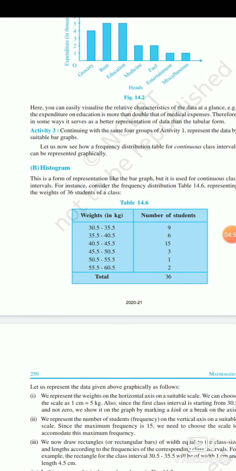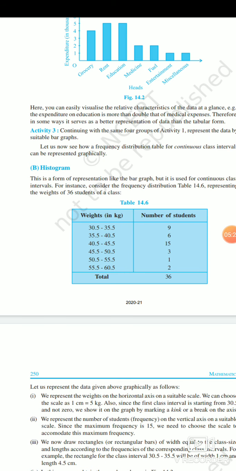What is meant by continuous type? In the class interval, lower limit 30.5, upper limit 35.5. In the next interval, lower limit 35.5, upper limit 40.5. There is no gap between the upper limit of the first interval and the lower limit of the second interval: 35.5, 35.5, similarly 40.5, 40.5. So it is of continuous type. From this we are going to draw the histogram.